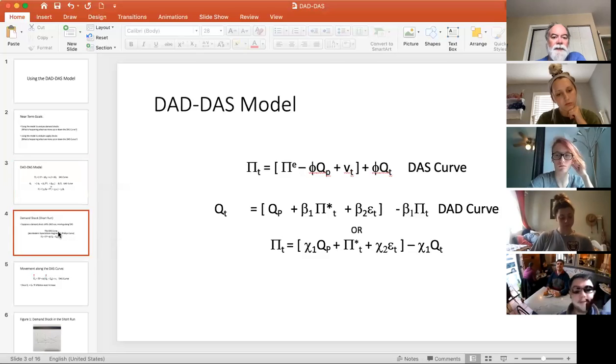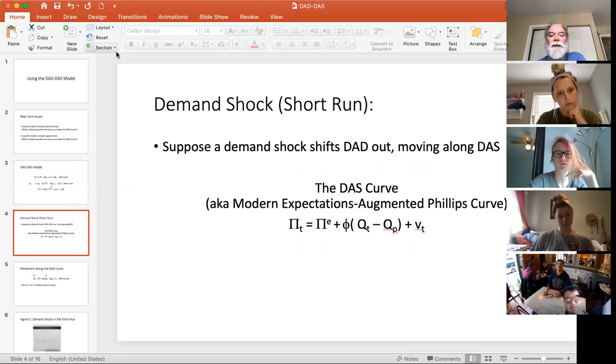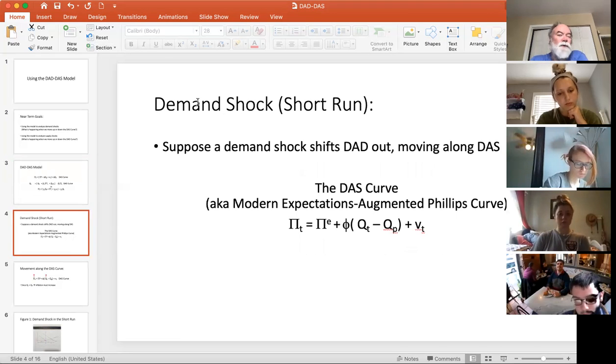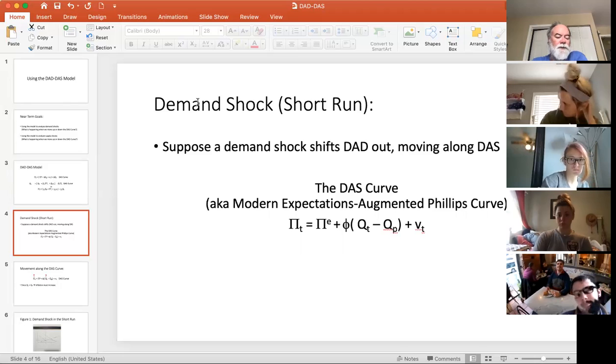Let's see. Can I do this? Yeah. Okay. All right. So we're going to start with a simple demand shock story. If you want to follow in the book, I don't mean literally this moment, this is a simpler version of the story spelled out in figure 15-8. Okay.